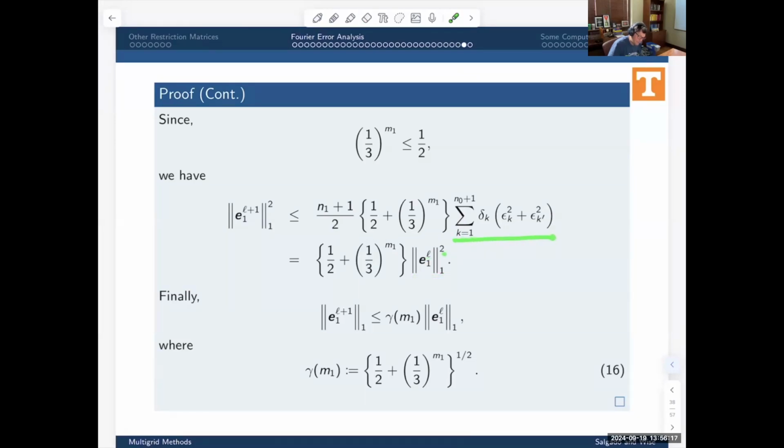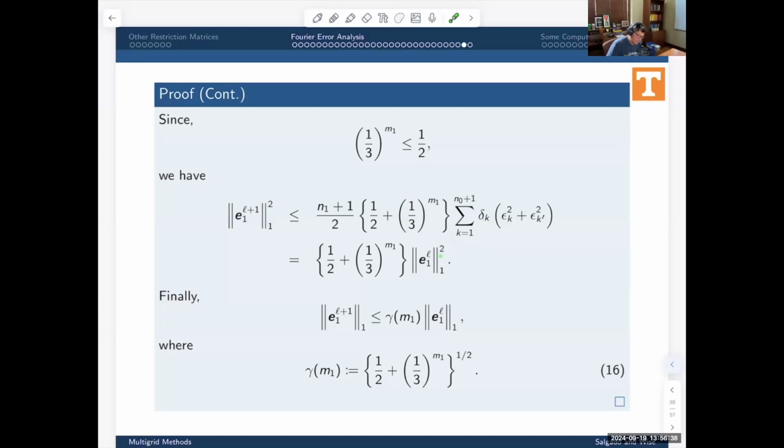That's just this guy, and we showed that previously. So what I end up with is the Euclidean norm squared of the error at L plus 1 is less than a constant times the Euclidean norm of the same thing, but at the iteration level L.